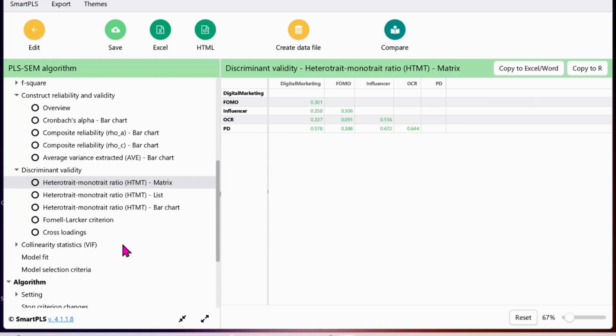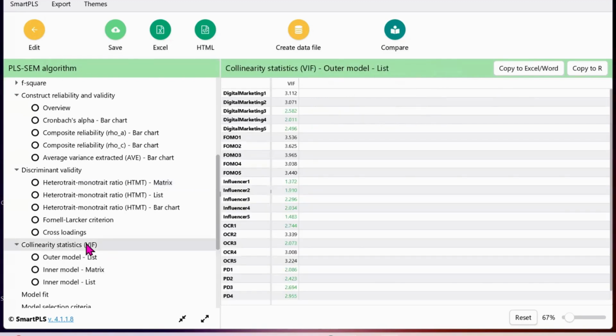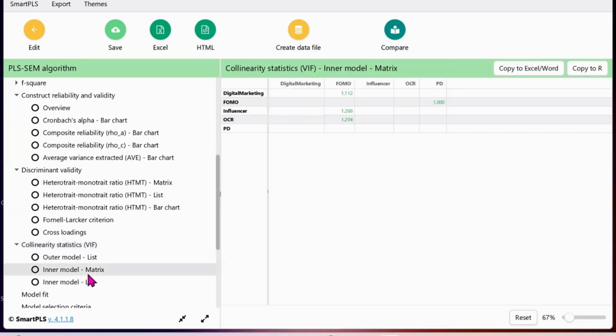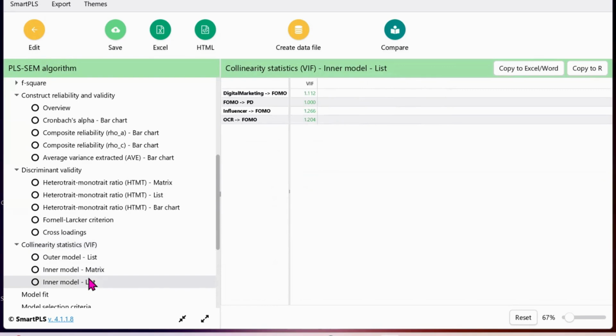Next, I examine VIF values. All VIF values should be below 5. Digital marketing to FOMO recorded 1.112. FOMO to purchase decision 1.000.